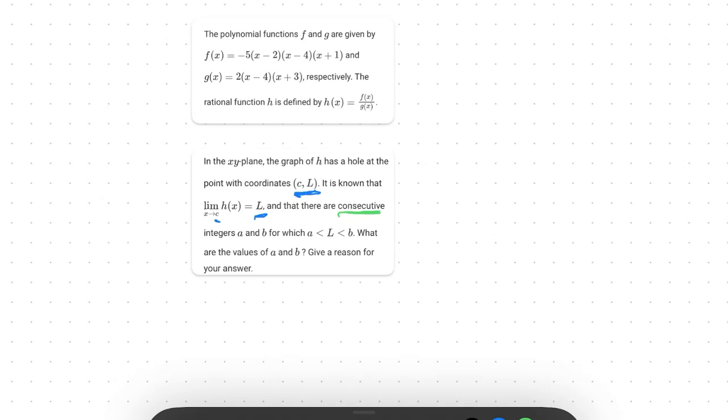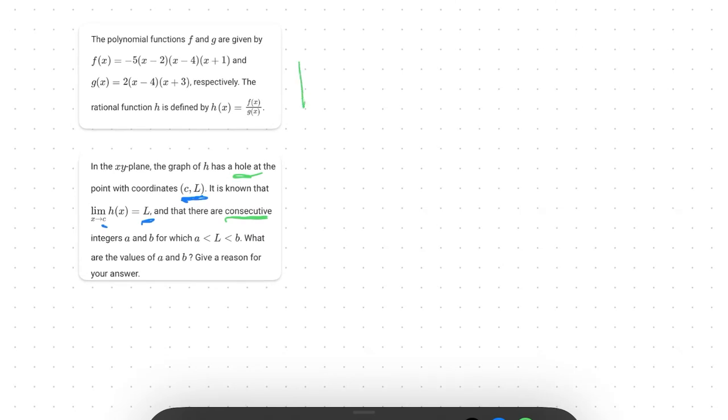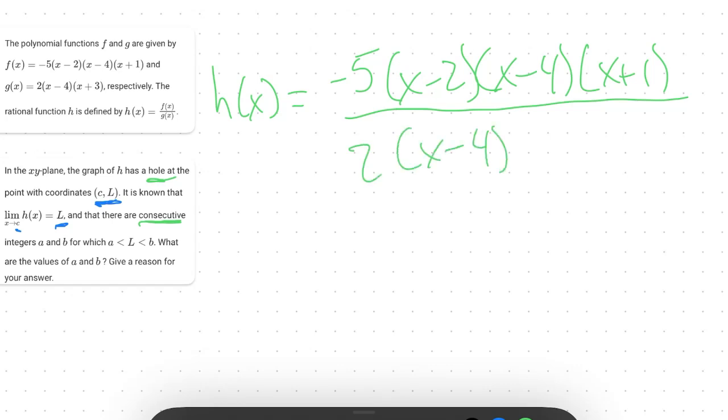So first, we have to know how to find a hole. So let's just do some hand work before we use the calculator. Can determine the hole, right? The factor has to be present on the top and the bottom.